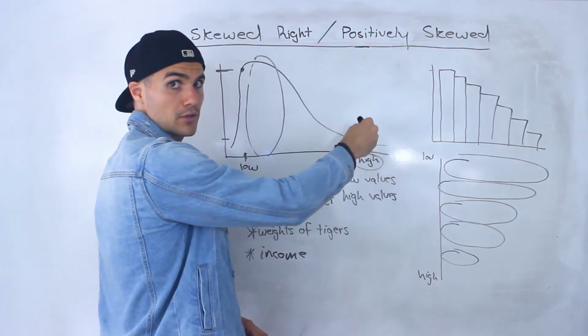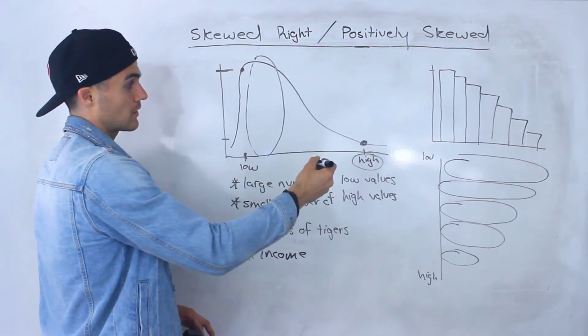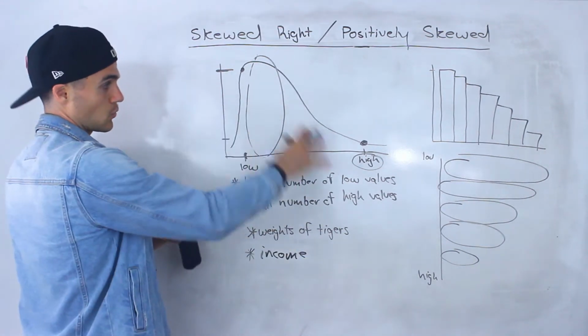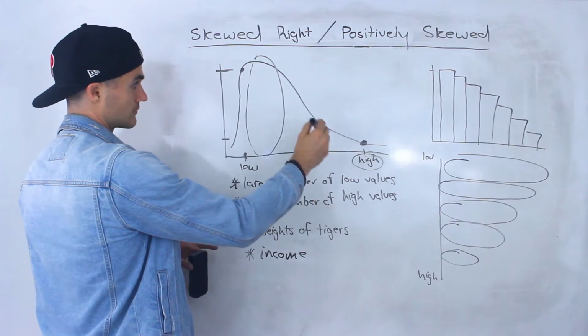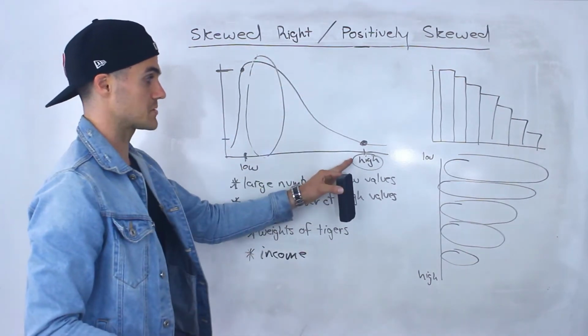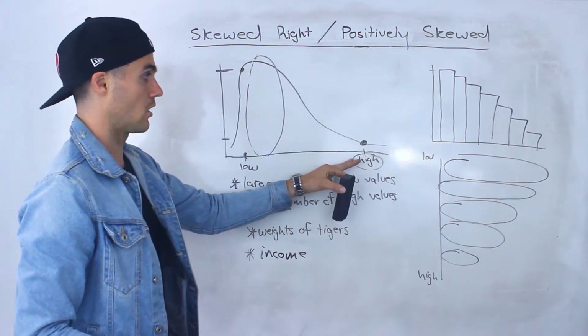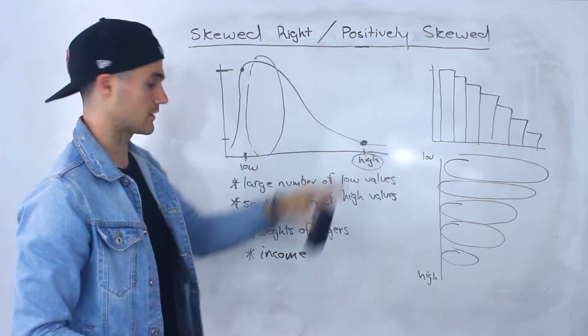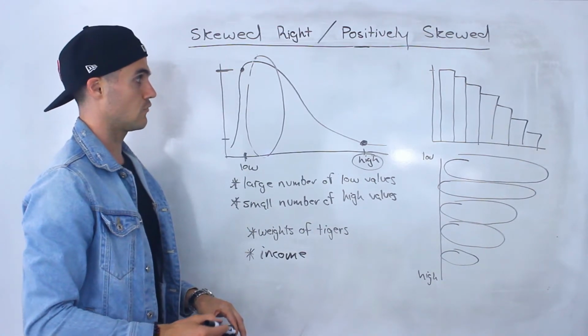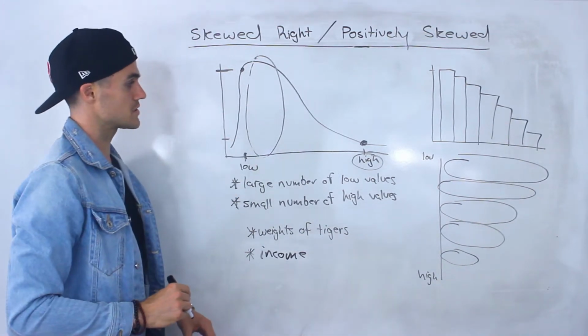So millionaires, billionaires, etc. You know, you heard that whole saying, the top 1%. This is why it is happening. So most people are going to be around here with their income, while a small number of people are going to have a very high income. So that is a popular real-life scenario of where a distribution is positively skewed.